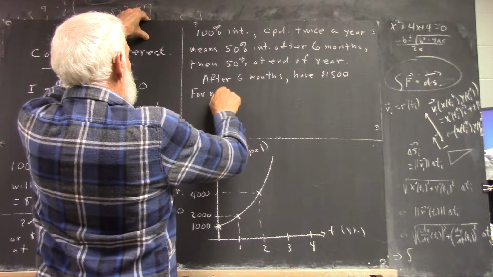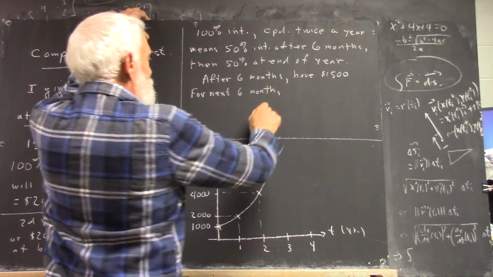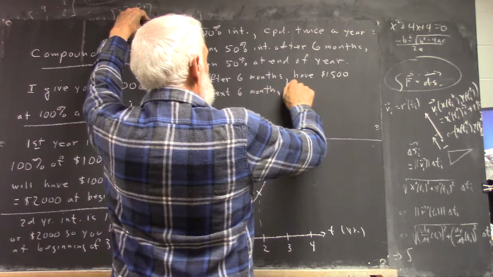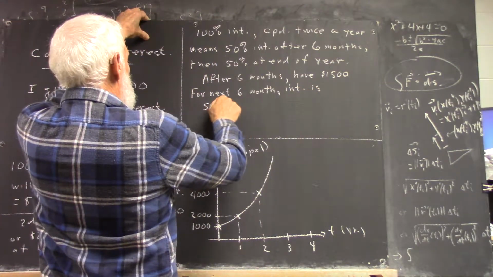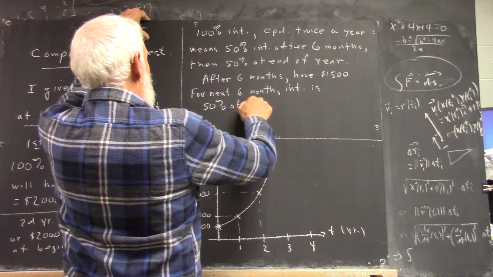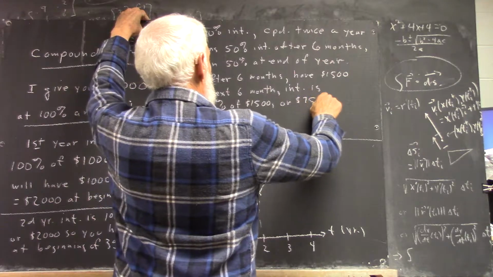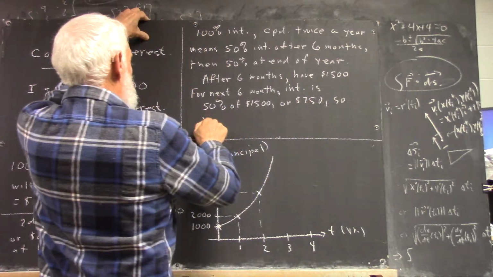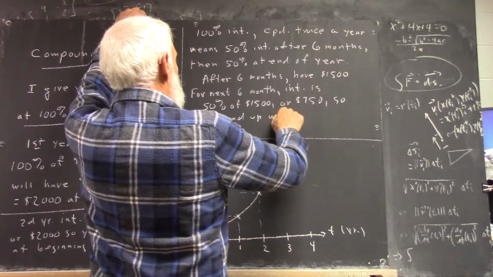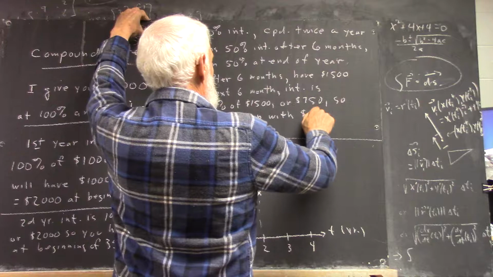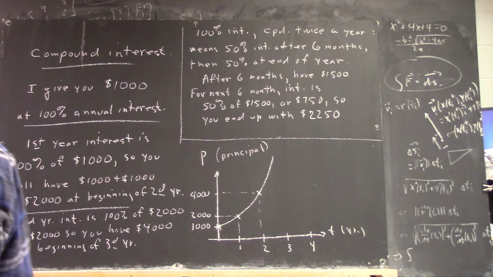Then 1,500 plus 750 is 2,250. For the next 6 months, your interest should be 750. So you end up with $2,250 at the end of the first year.